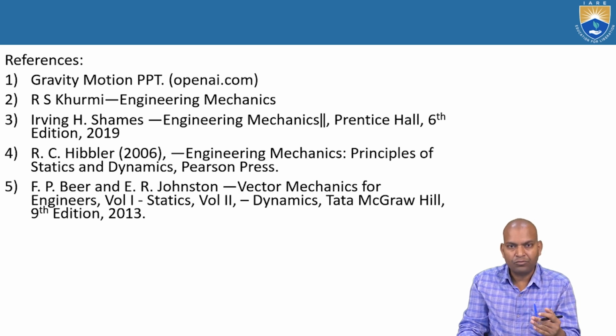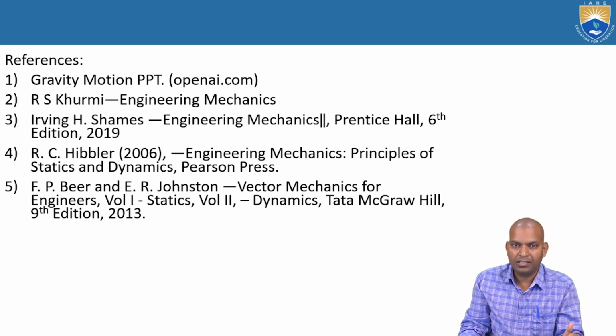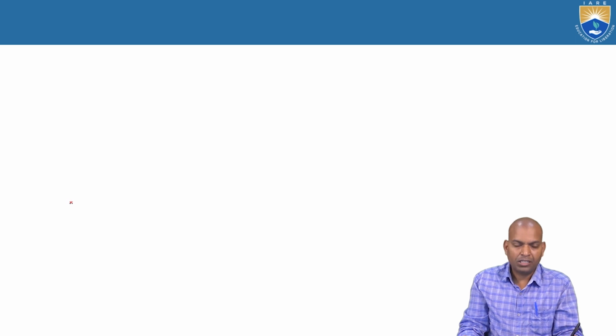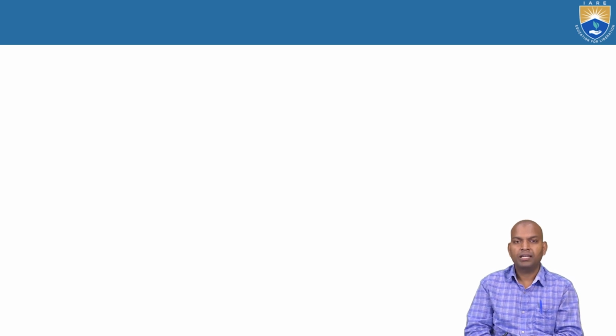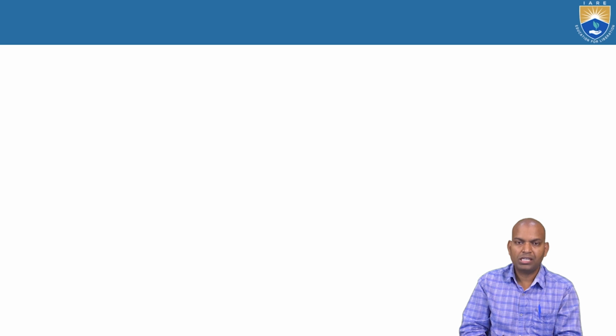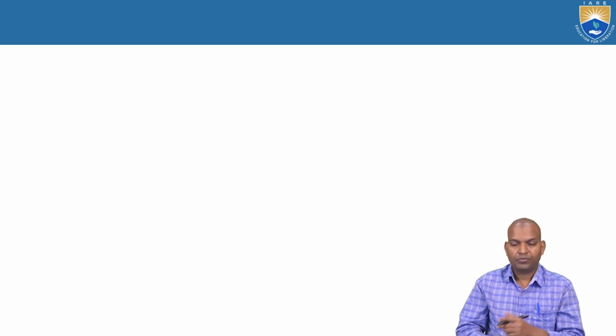The equations considered were final velocity v = u + gt, the next v² = u² + 2gs, and the distance s = ut + ½gt². By using these three equations of motion under gravity, we solve all the problems.